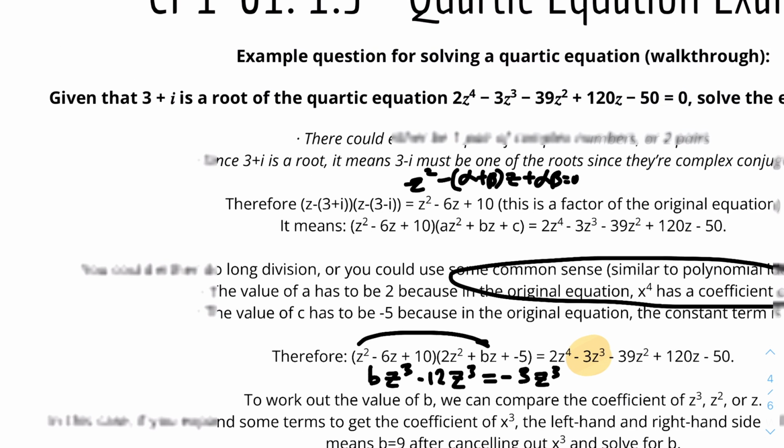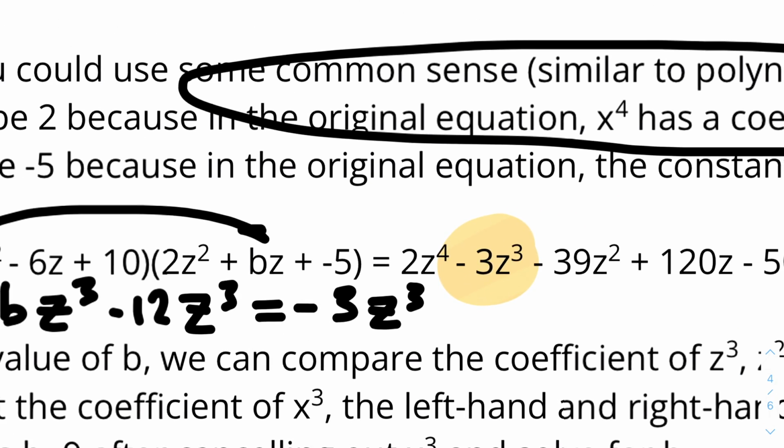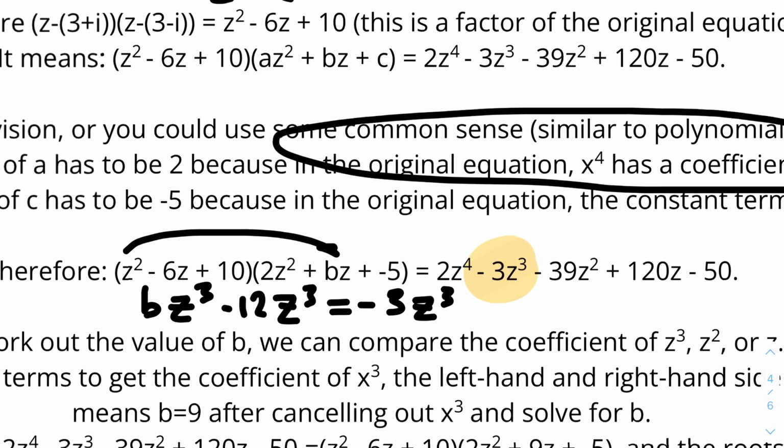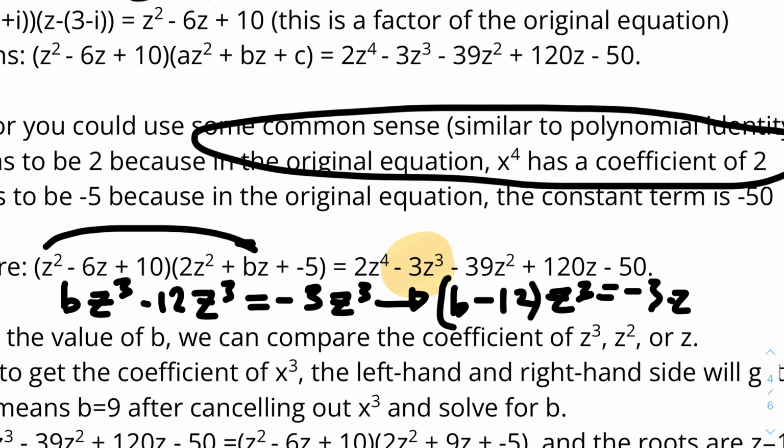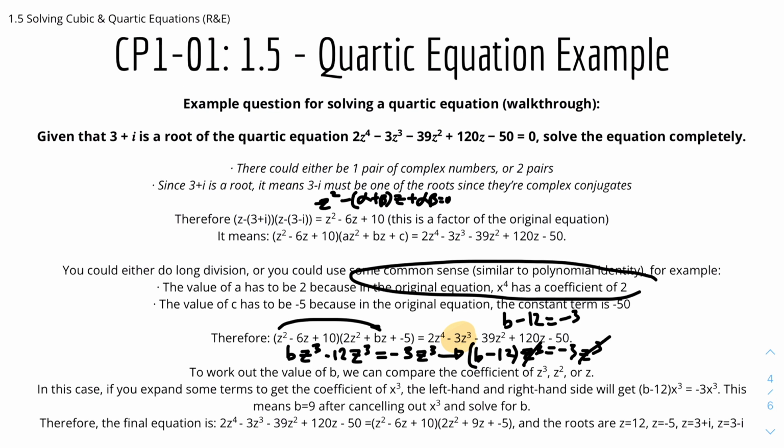We can factorize the z cubed, so this will be (b minus 12)z cubed equals minus 3z cubed. Cancel them out, and you're left with b minus 12 equals minus 3. You can add 12 to both sides to solve for b, and therefore b equals 12 minus 3, which is equal to 9.